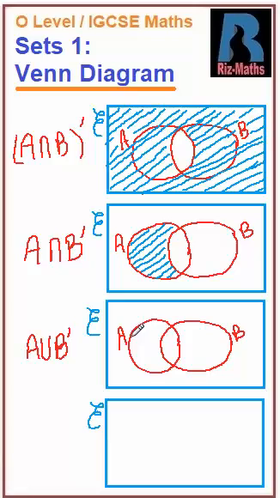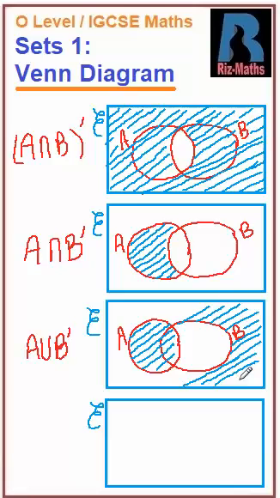So that means first we'll shade the whole set A. And then we shade everything outside the set B. So which is not shaded, we will shade that part.